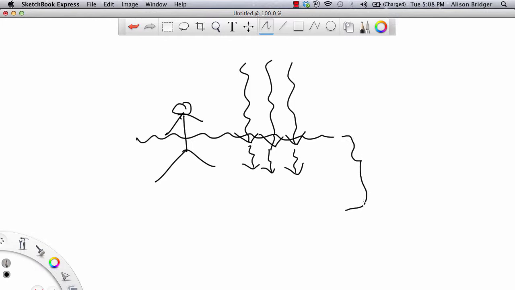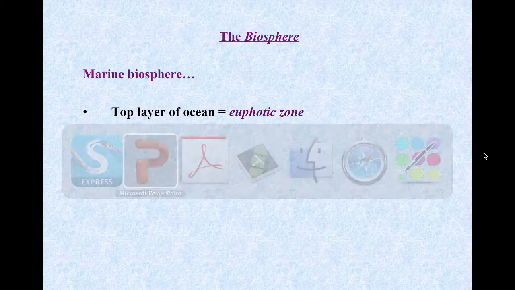So there's a lot of marine life that needs sunlight that lives at the top of the ocean, and this is called the euphotic zone. E-U-P-H-O-T-I-C, the euphotic zone.